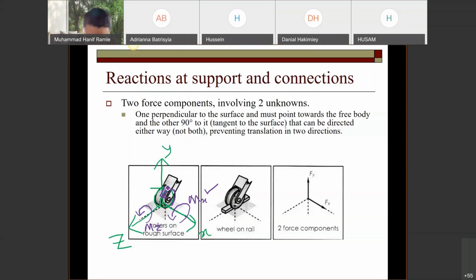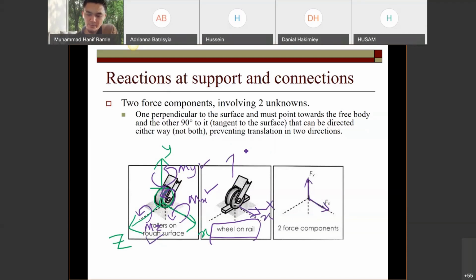And the Y direction, moment Y, it can also rotate. So there is no restriction on rotation at all. The restriction is only for the X and Y components, meaning we have a reaction at Y and a reaction at X. Two unknowns. Same goes for wheel on rail. They cannot go in this direction, the X direction.